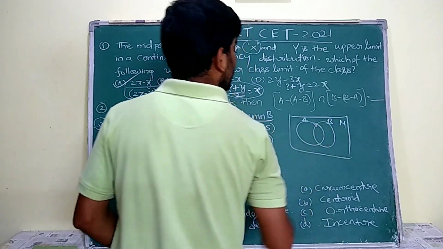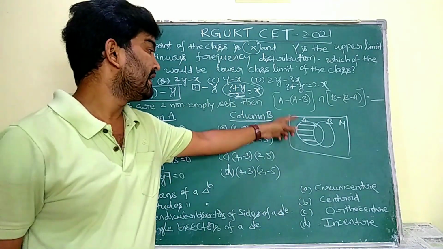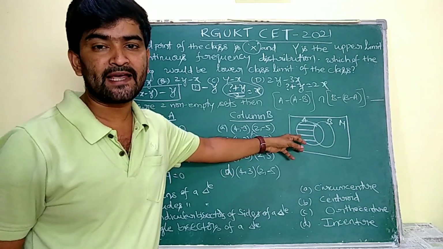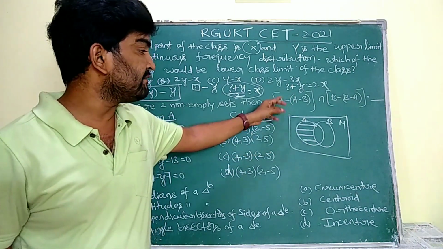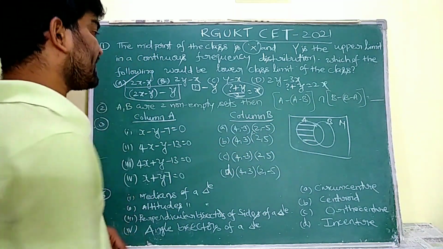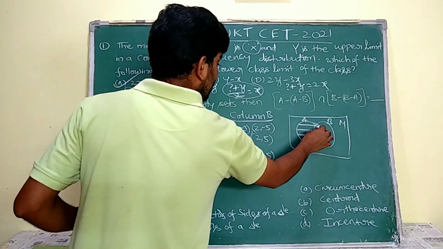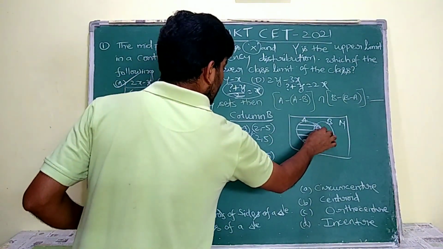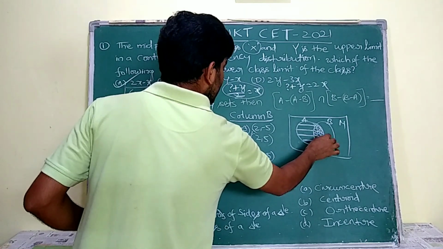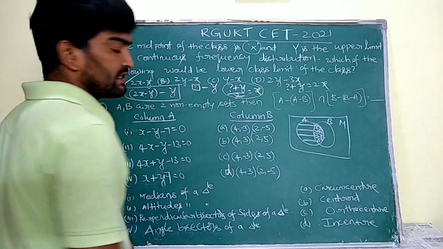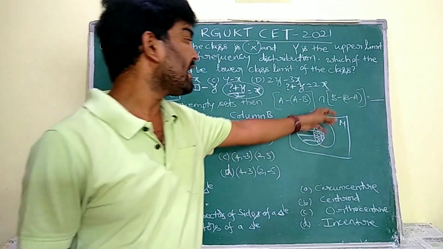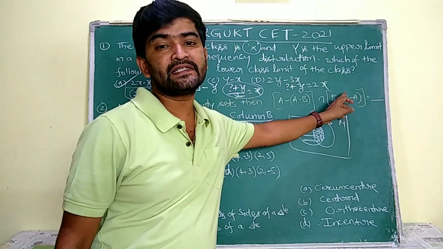Let us suppose it is a, b. See, it is a minus b now. This a minus b is subtracted from a. If I subtract this a minus b from a, then the left out value is this one. So a intersection b is left here. Now similarly I am taking out b minus a from b.